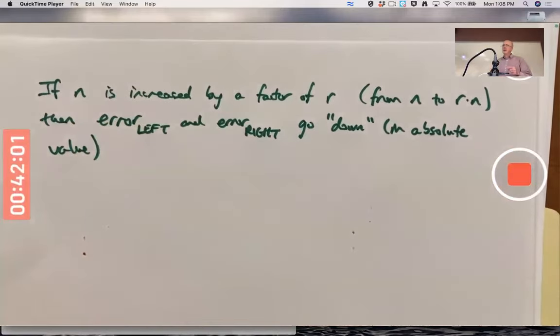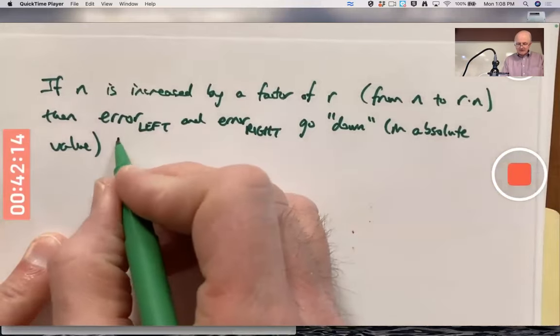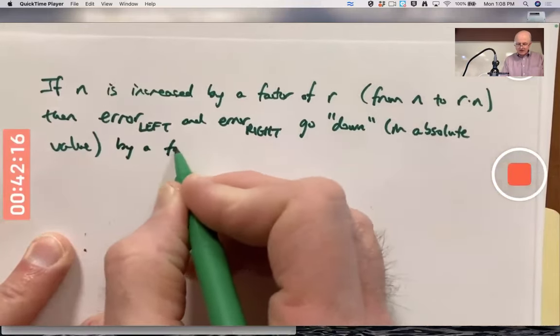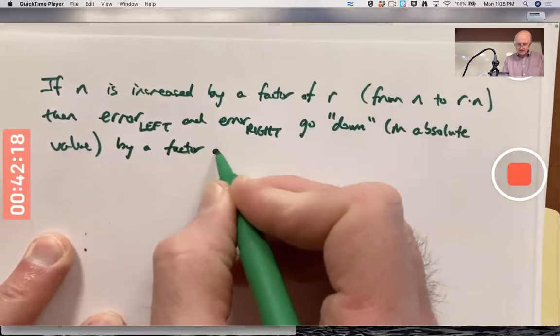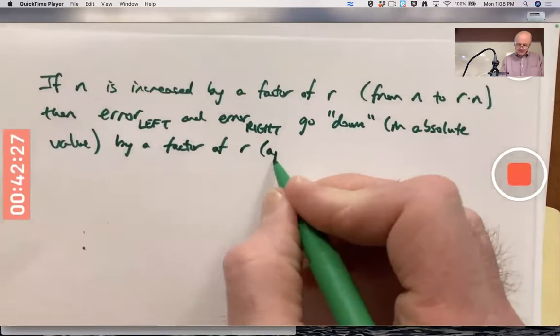Technically speaking, when a negative number gets closer to 0, it's actually going up, right? If a negative number gets closer to 0, that's technically increasing. But I'm saying down in absolute value by the same factor, by a factor of r. So effectively, the errors get multiplied by 1 over r. They get divided by r, approximately.